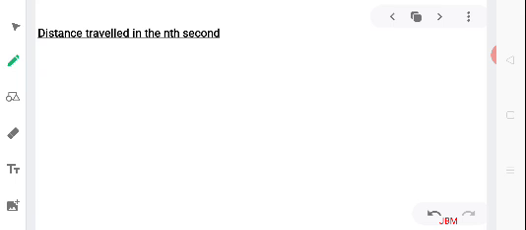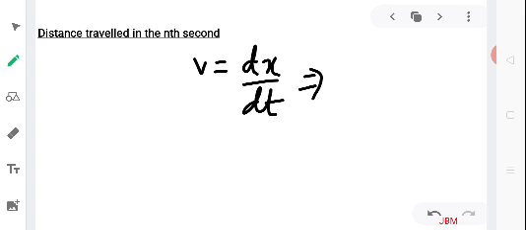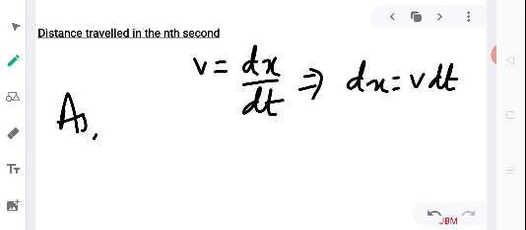So let's proceed to derive this expression, distance traveled in the nth second. For this I will begin with the expression v equal to dx by dt, and then I will write down dx equal to v dt, as v is equal to u plus a t.